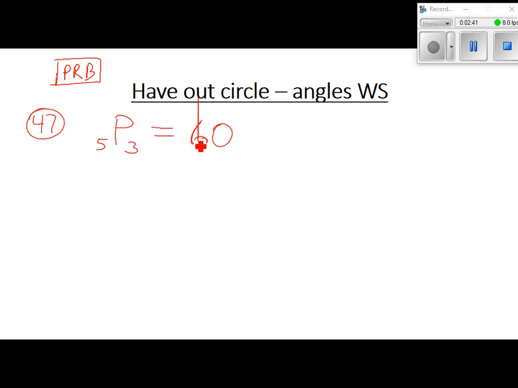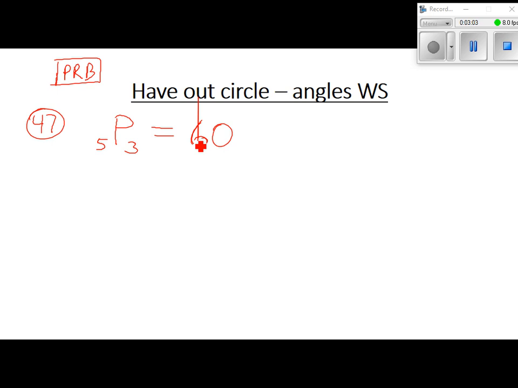If these are my band members here, there's 5 of them. A permutation is if I take 3 of them at a time, the different ways that I could pick those 3 out of the 5.